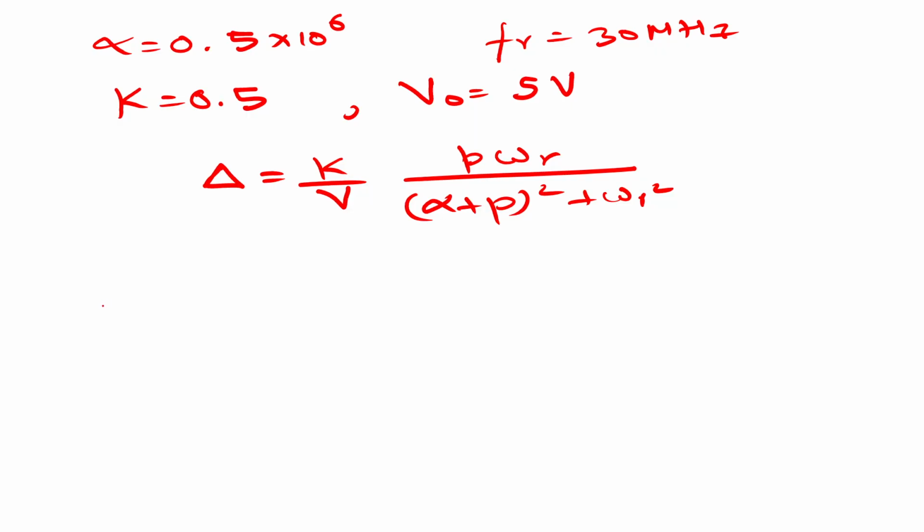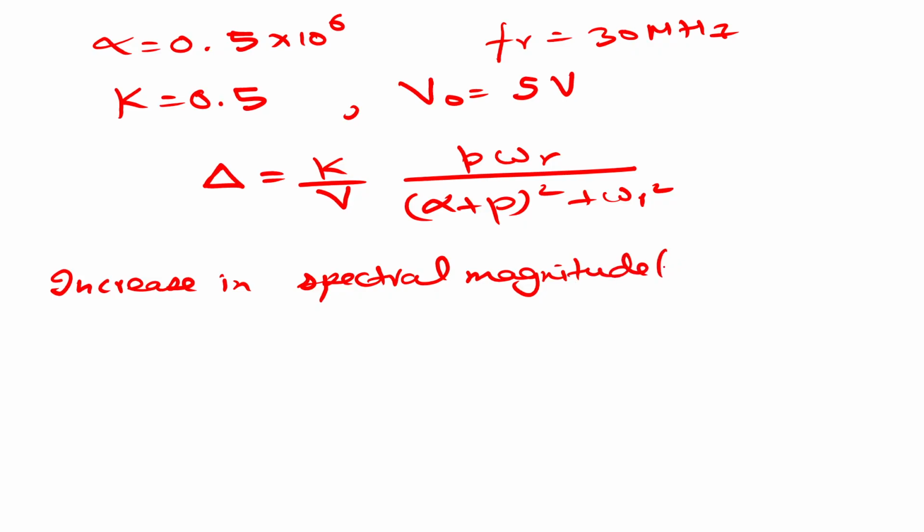So the increase in spectral magnitude is given by 20 log 10 (1 plus delta).